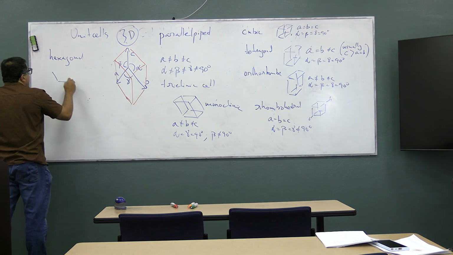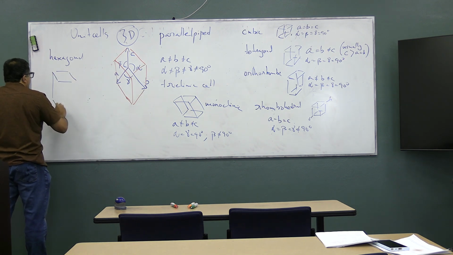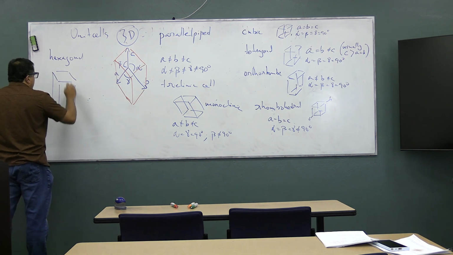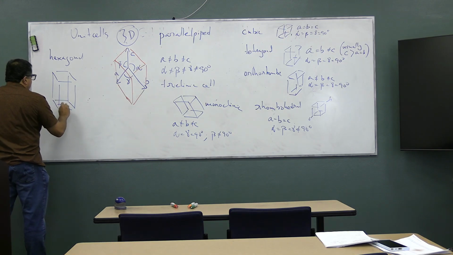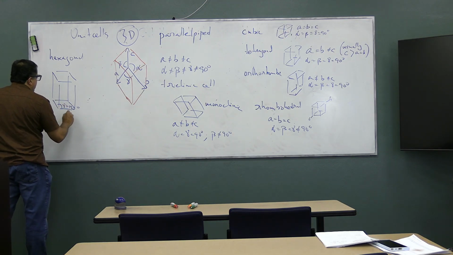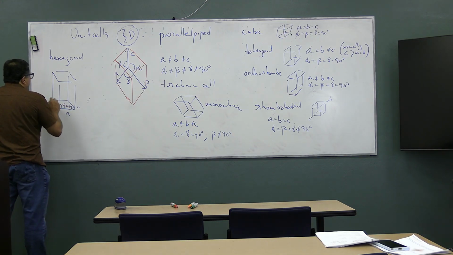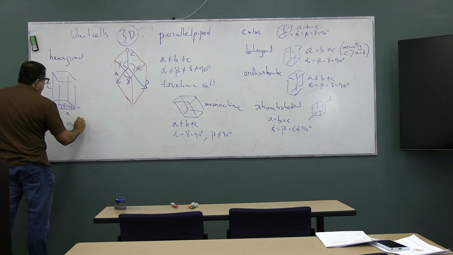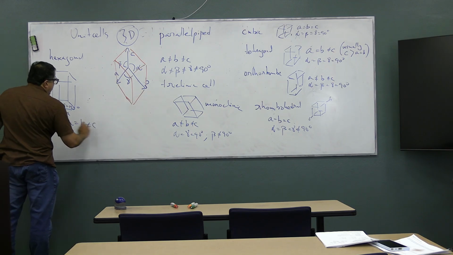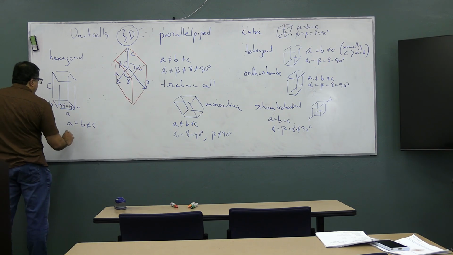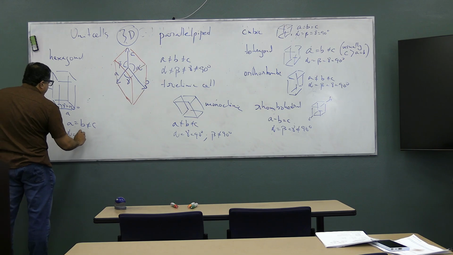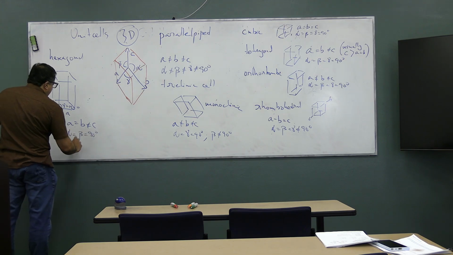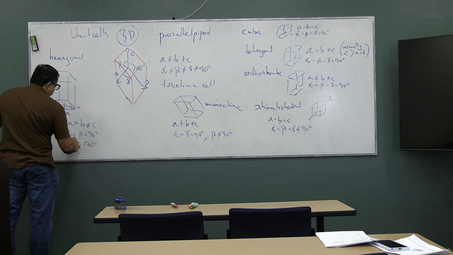In hexagonal, we saw this also in 2D, gamma is equal to 120 degrees. So A is equal to B is not equal to C. C is long as usual. And alpha is equal to beta is equal to 90 degrees. Gamma is equal to 120 degrees.